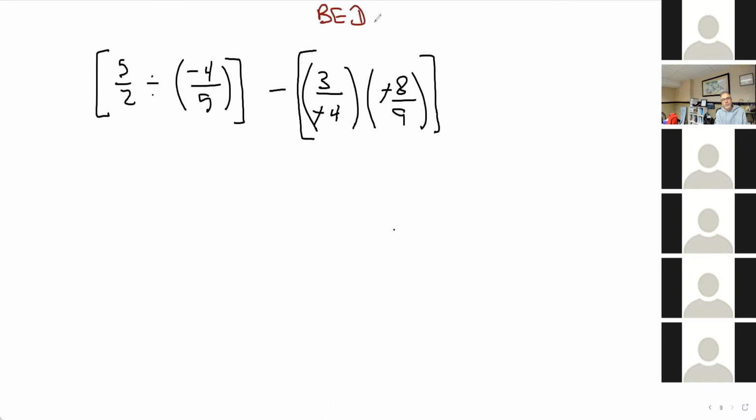It tells me I have to do what's in the brackets first. So I have to do this operation first right here. And this is 5/2. We have to change this to times. And then you know what? I flip this, so switch, flip, so 5/4, -4. But you could write the negative here, and it's the same as having the negative with the 4.